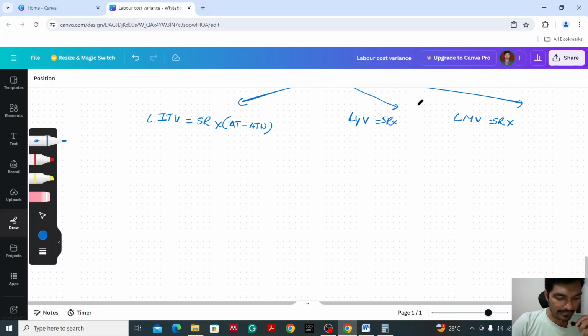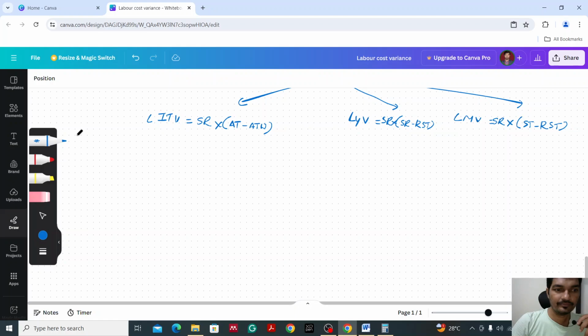Similarly, labor yield variance is standard rate into standard time minus revised standard time, RST. Then labor mix variance, LMV, is standard rate multiplied by revised standard time minus actual time worked.